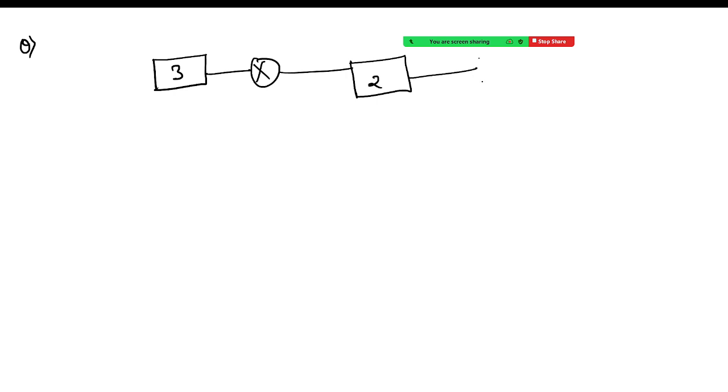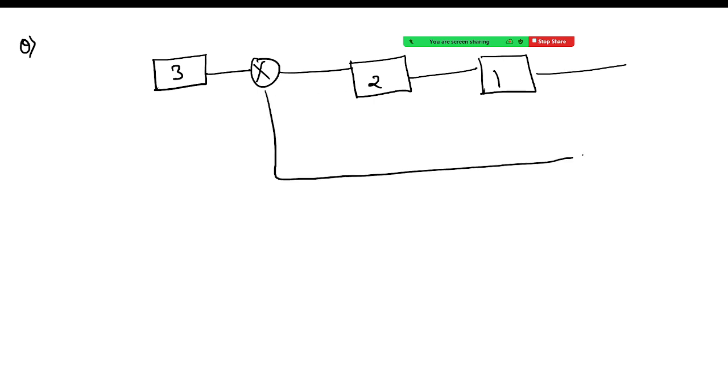If there is no doubt, then try to solve one problem. This is 3, this is 2, let's say. This is 1, fine. And there is a negative feedback over here. There is a positive, fine. There is a comparator, fine.